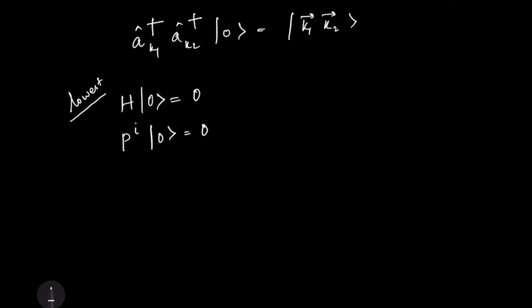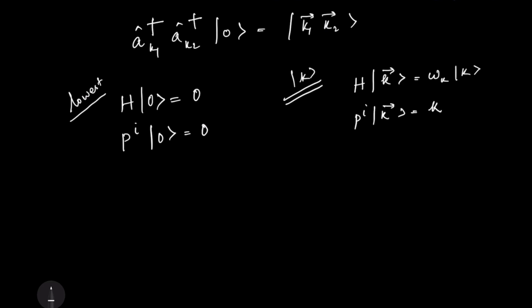Now for a general state |k>, if the Hamiltonian acts on the state, we'll get omega k times |k>, and the momentum acting on |k> will give k, the same state |k>.